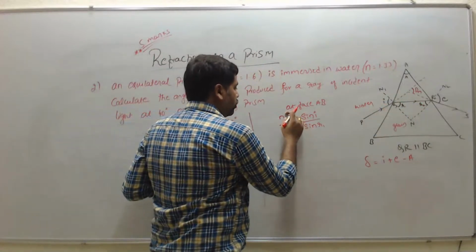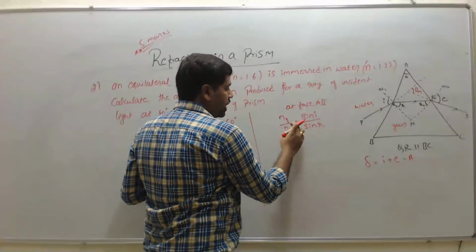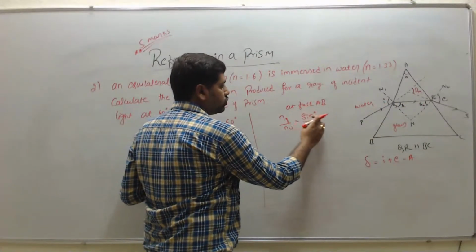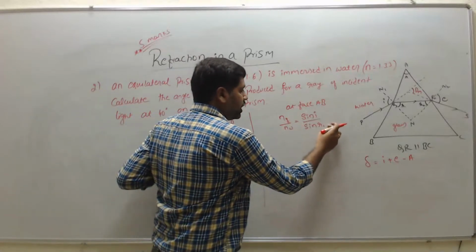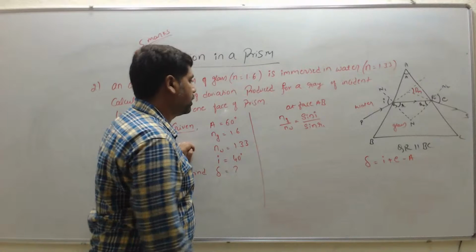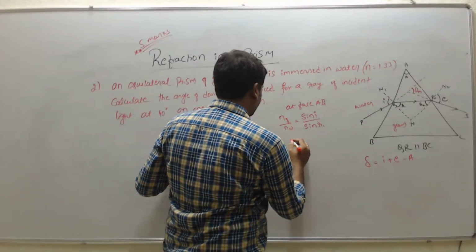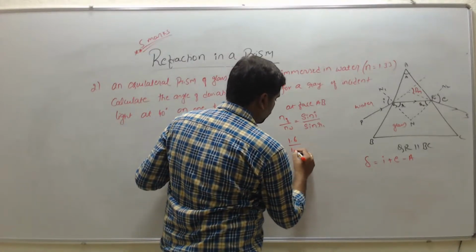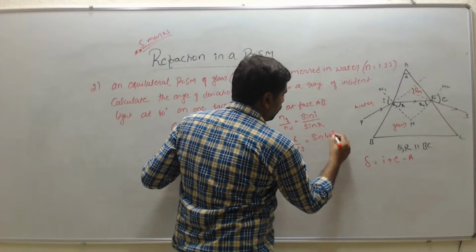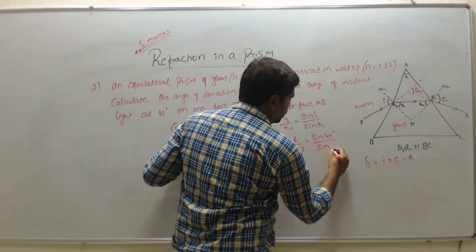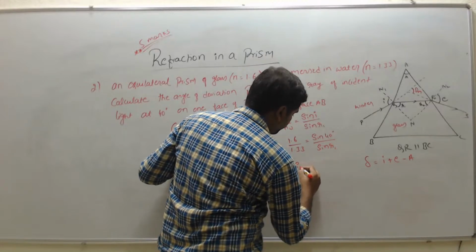In this equation we know the refractive index of glass, of water, and the angle of incidence, so we can find the angle of refraction R1. So 1.6 by 1.33 equals sine 40 degrees by sine R1.